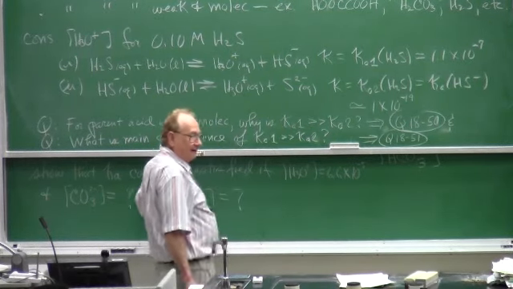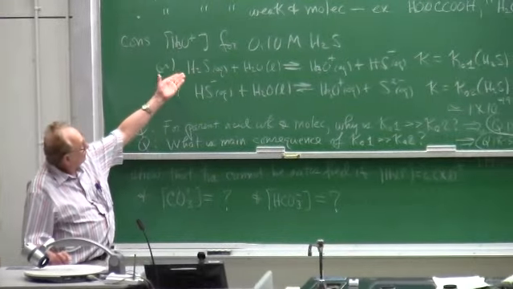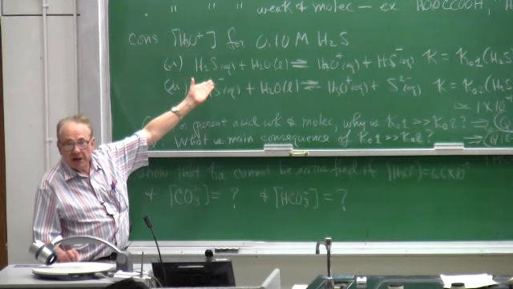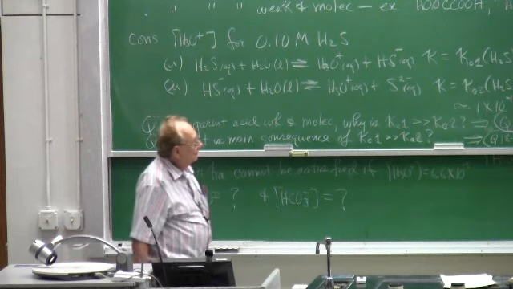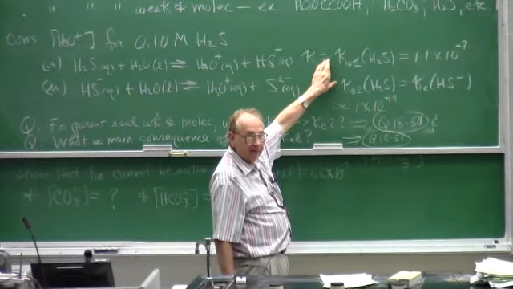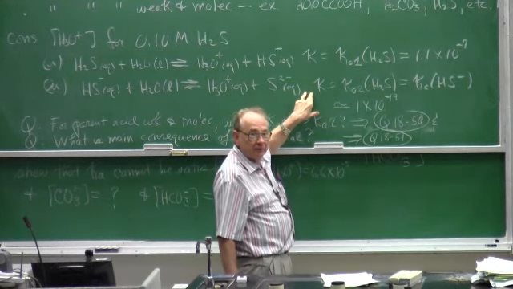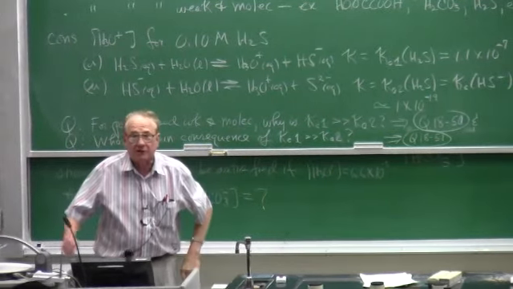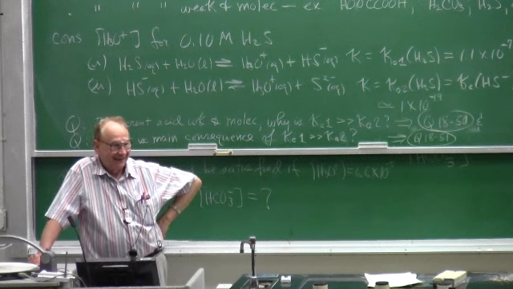Now we get to why calculation of hydronium ion concentration for a polyprotic weak molecular acid is easy. Since this second K value is so very small compared to the first K value, do you think we have to pay attention to the second ionization to compute the hydronium ion concentration? Do you think the second ionization with a K value like that is going any place? No. That's why it's easy.